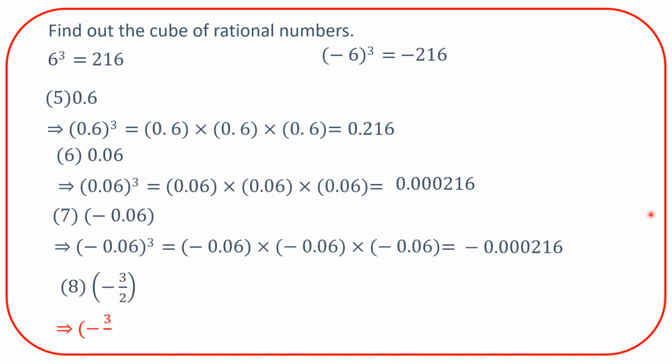Minus 3 upon 2 bracket cube is equal to minus 3 upon 2 into minus 3 upon 2 into minus 3 upon 2. 3 into 3 into 3, 3 cube is equal to 27 and 2 cube is equal to 8. But the number is minus. Therefore, the answer is minus 27 upon 8. Write down all these examples in your notebook.